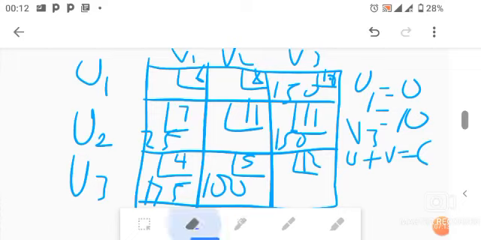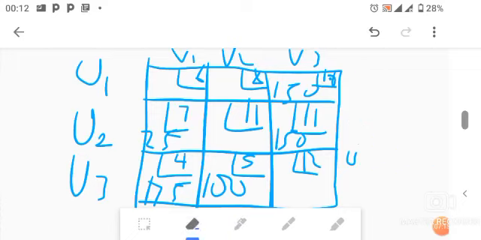So what I actually mean is this. You have your u2 there, which we now need to calculate. We know the general formula: u plus v is equal to the cost allocated in that box in question. This time we're looking for u2, and the only way you would get u2 is by looking at the box in the column of v3 and in the row of u2.